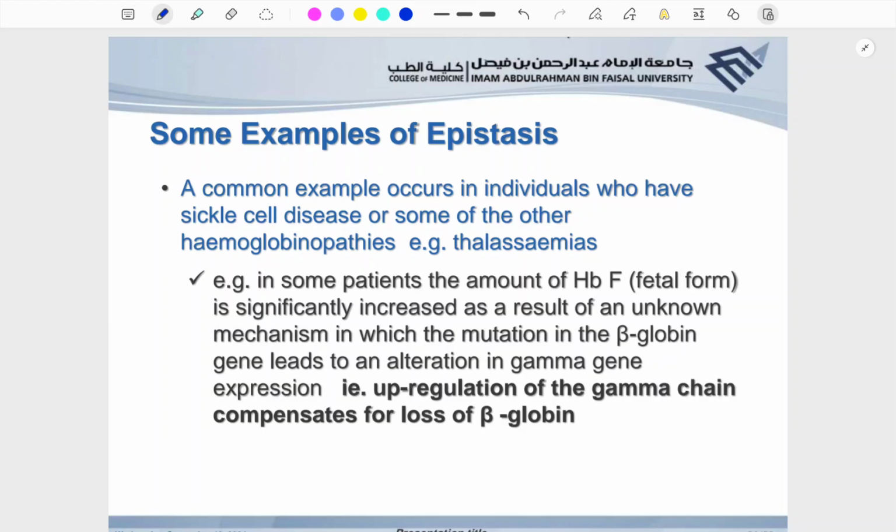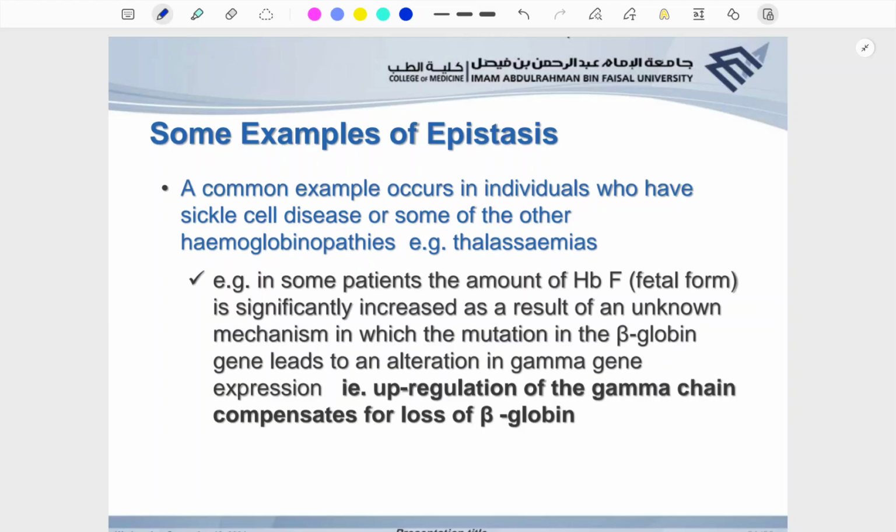As long as the child has high fetal hemoglobin, he is okay. Once the fetal hemoglobin drops, she is in trouble. So in some patients, the amount of fetal hemoglobin is significantly increased as a result of an unknown mechanism, which results in gamma globin being high.